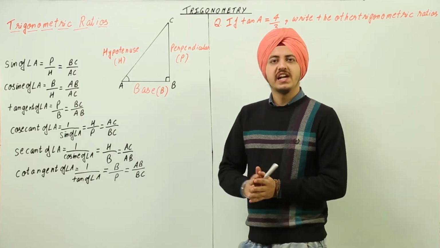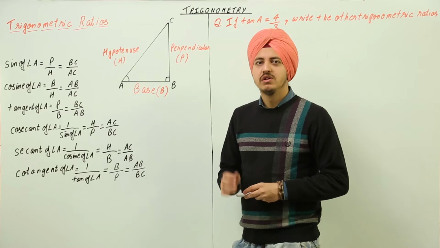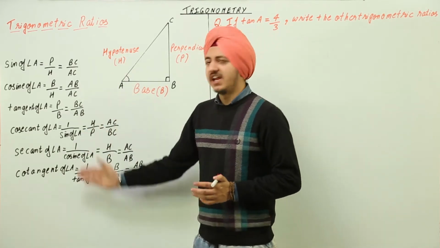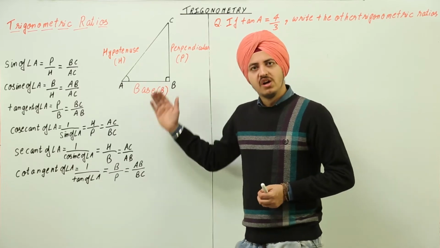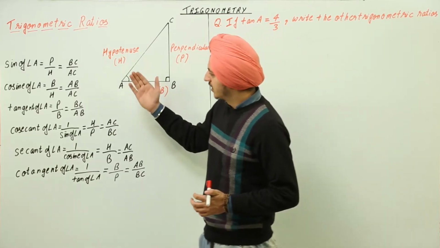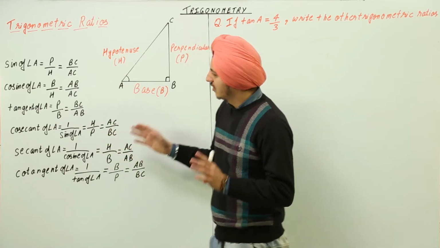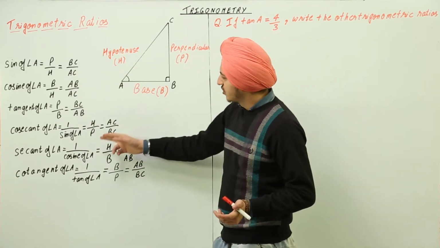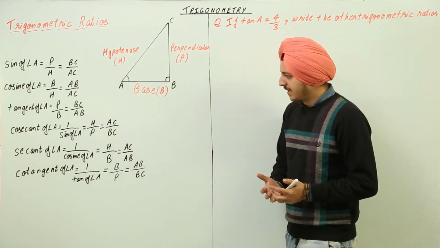Then we have cosecant of angle A. Now this cosecant is just the reciprocal of sine. So you just have to remember the first three ratios, and the next three ratios are just the reciprocal of the first three. Cosecant is the reciprocal of sine, and that is hypotenuse upon perpendicular, AC by BC.